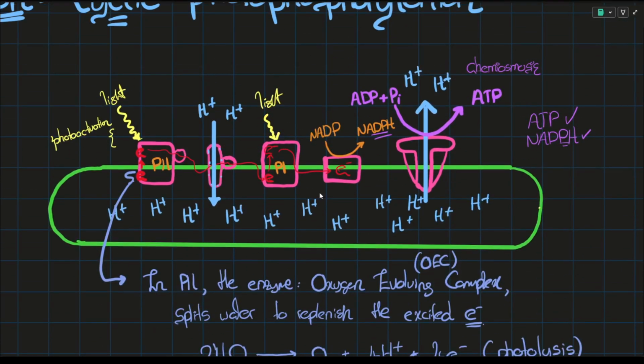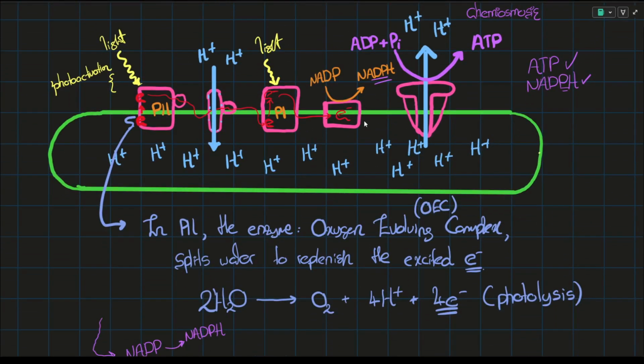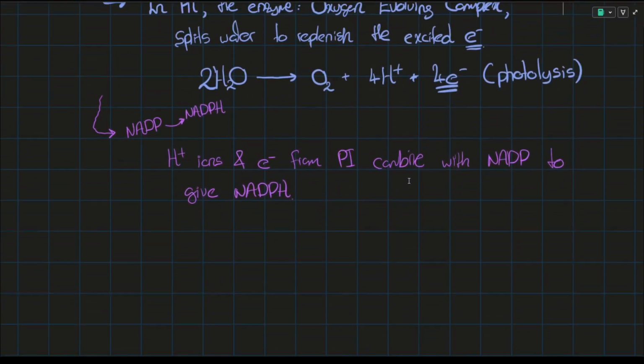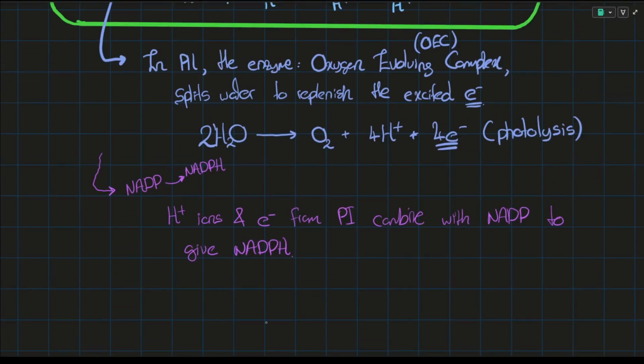What does that mean? So we've got these H plus ions, some extra H plus ions, this electron, they just combine to give NADPH. So I will also write down the equation for that over here. I'm going to increase the thickness of the brush a little bit. NADP combining with 2 hydrogens and 2 electrons to give you NADPH.